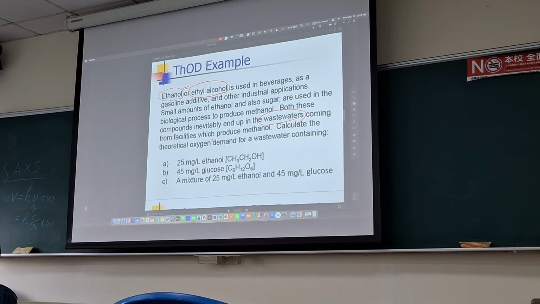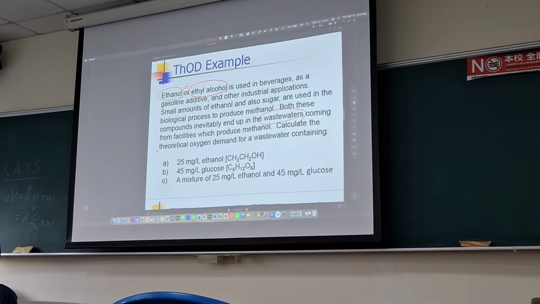So this question asks us to calculate THOD. So OD stands for oxygen demand, okay? What does that mean? This means the oxygen required to oxidize all the organic compound.